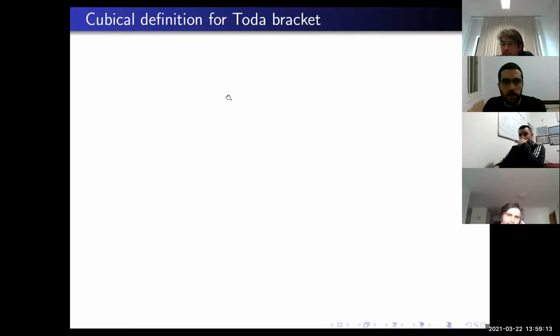Okay, let's go now. Cubical Toda bracket. I wanted to write it here, but now I want to open a new whiteboard and describe the cubical one.